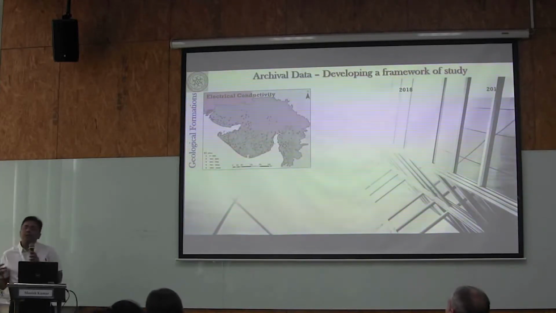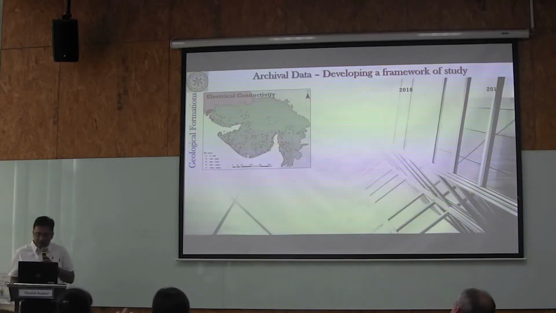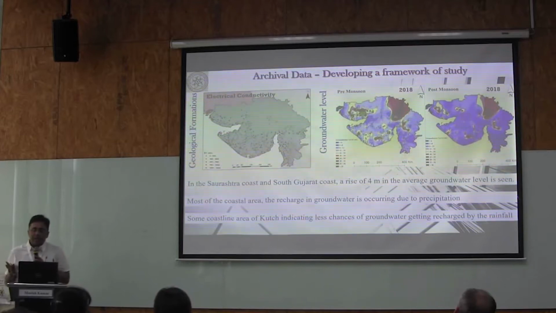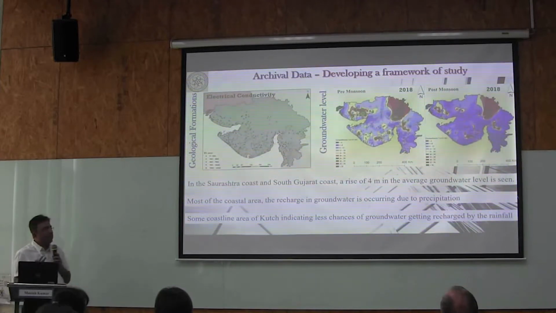We have collected a lot of data on how groundwater fluctuation has happened over time, and this is electrical conductivity. We have also plotted the pre-monsoon and post-monsoon water fluctuation to understand how much recharge happens.